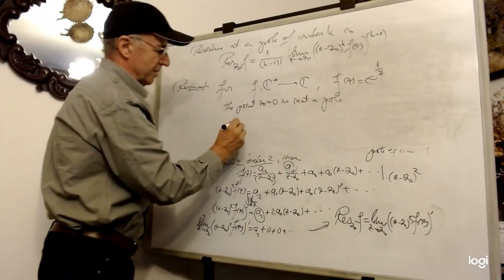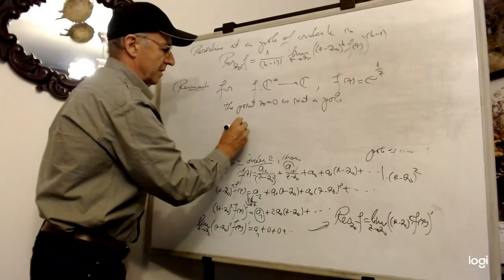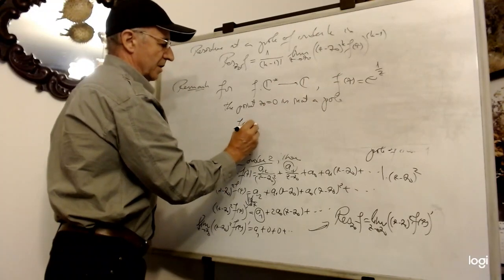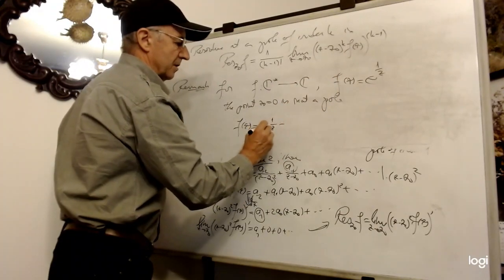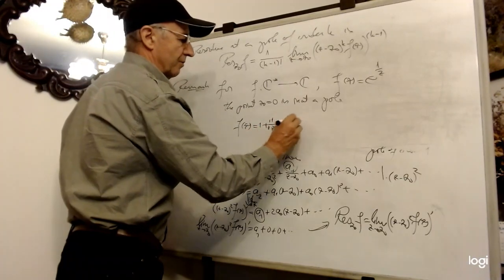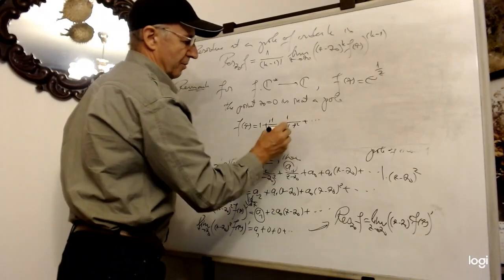The expansion in this case, f(z) around z0, is 1 + 1/z times 1/1! + 1/z^2 + and so on.